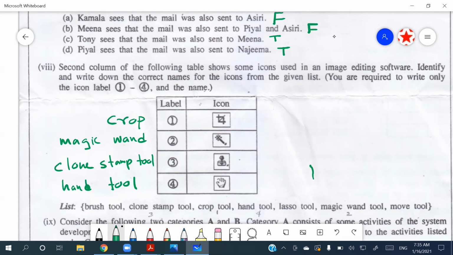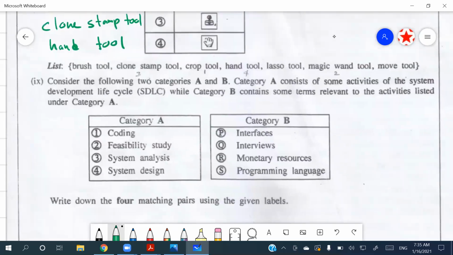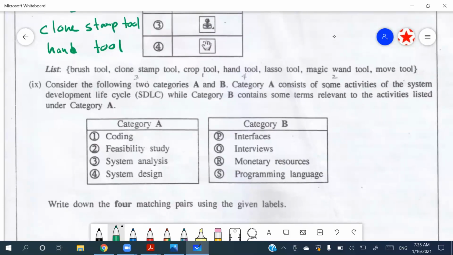Right, moving forward, the 9th one. Consider the following 2 categories, A and B. Category A consists of some activities of the system development lifecycle, while category B contains some terms relevant to the activities listed under category A. Yeah, so we have to match these things.